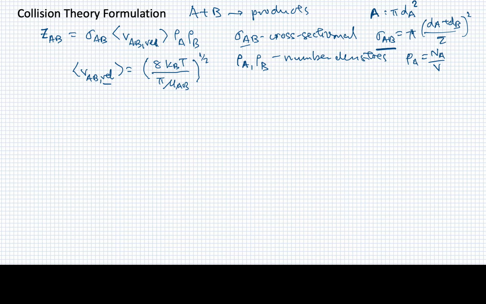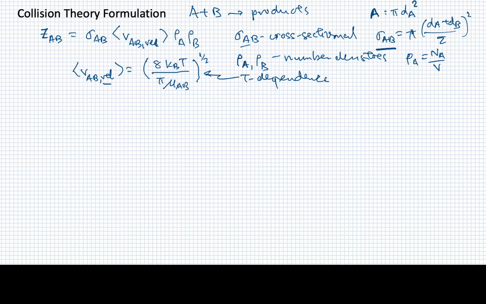So this is actually going to be the one of these factors that has some temperature dependence. These other two, the rho, the number densities, and the sigma, these are just qualities of this particular system and are not temperature dependent, but this one is. Okay, so we have already built in some temperature dependence here, but we're missing some other critical factors that we'll need in order to relate this to a reaction rate.